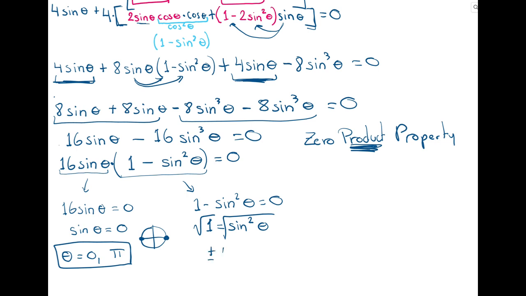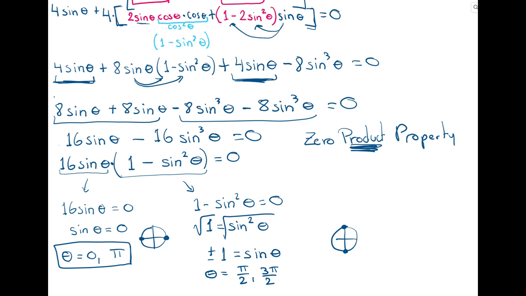So don't forget your plus or minus here, or you're going to miss some solutions. And we're going to know that the sine is going to be positive 1 up here and negative 1 down here. Therefore, theta has to be equal to pi over 2 and 3 pi over 2.